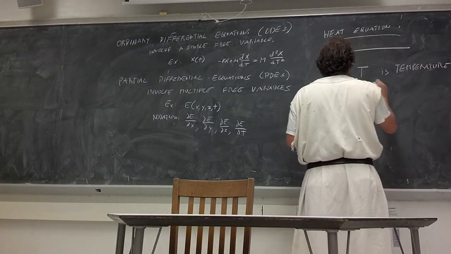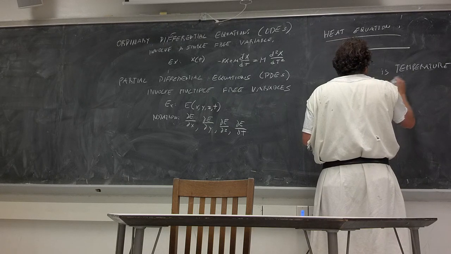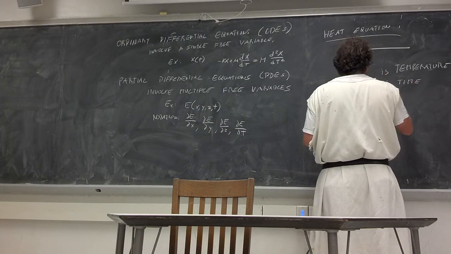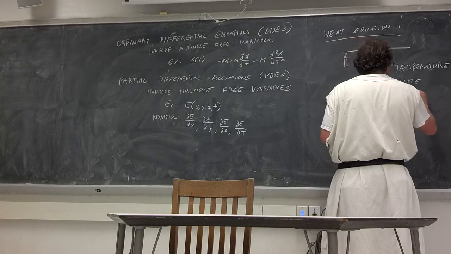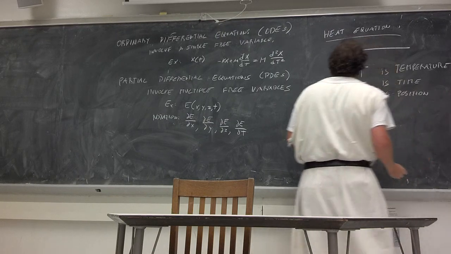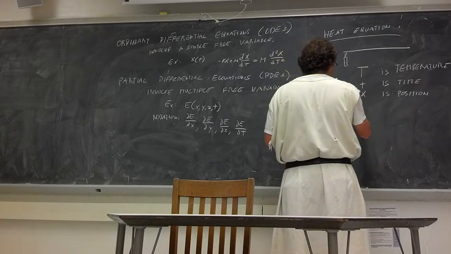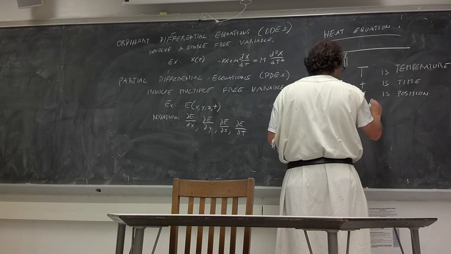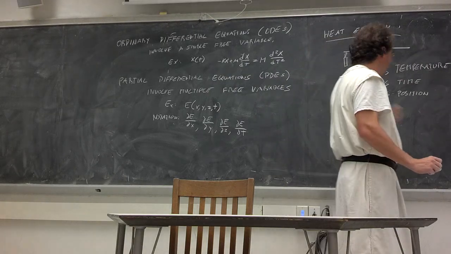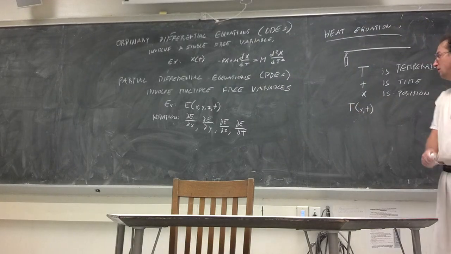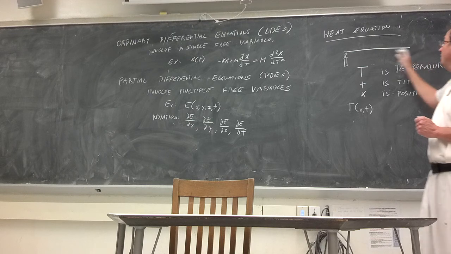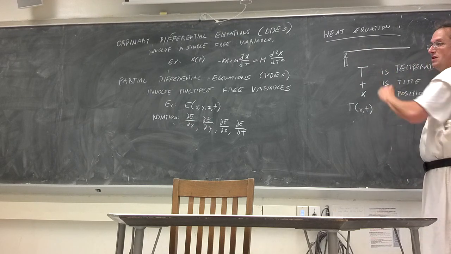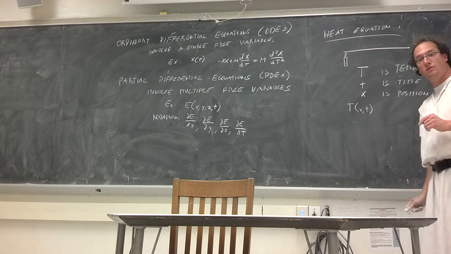Let's do little t is time, and x is position. So now we have temperature as a function of position and time. Big T is temperature, little t is time, and we want to know what the temperature of the rod is, not just at any one point in time or any one point on the rod.